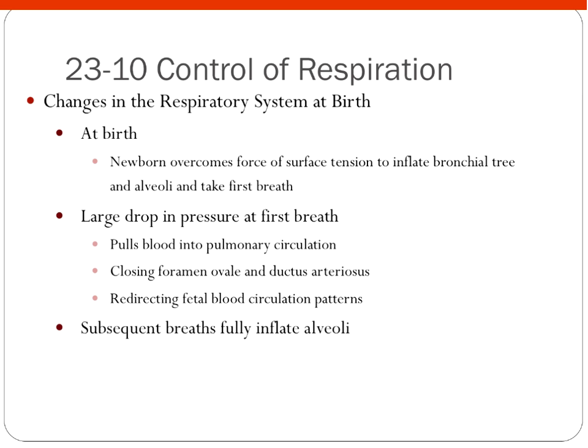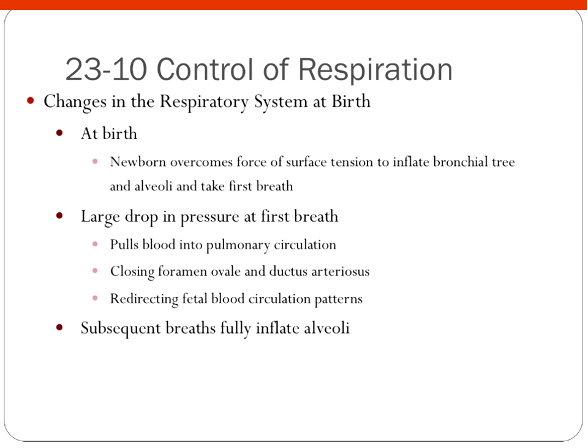So the newborn overcomes the force of surface tension to inflate their bronchial tree and their alveoli, and takes their first breath. There's a large drop in pressure after their first breath. Because of that drop in pressure that we talked about in the previous slide, blood is pulled into the pulmonary circulation, which closes the foramen ovale and the ductus arteriosus. The ductus arteriosus connects the aorta with the pulmonary artery.